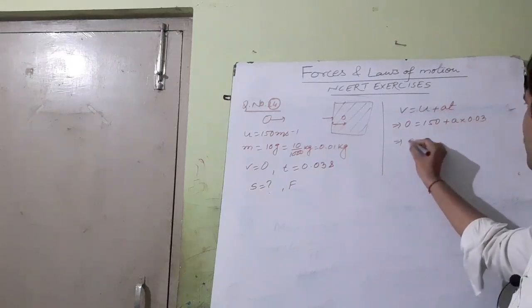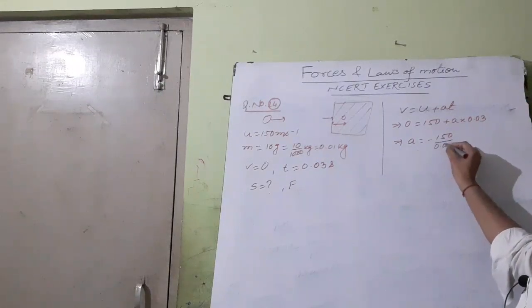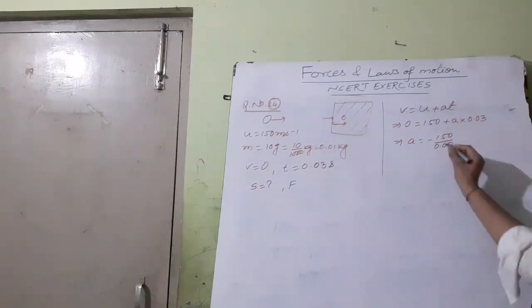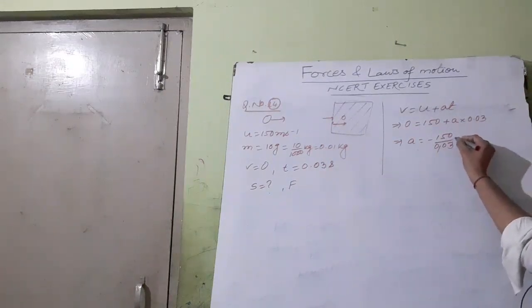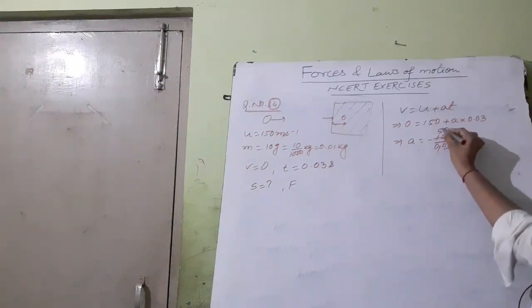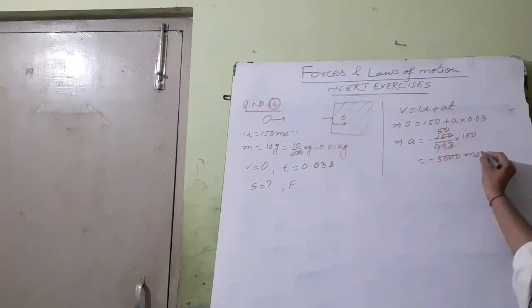From here you can find a is equal to minus 150 divided by 0.03. If you divide 150 by 0.03, you can remove the decimal and here will be 100 and this will cancel to 50. So minus 5000 meter per second square.